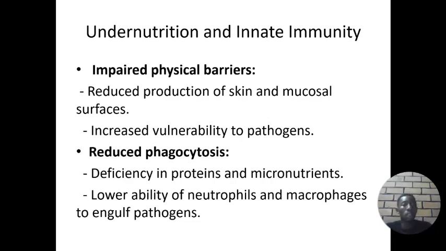As you know, these cells are made of proteins, and undernutrition can cause deficiency in protein and macronutrients. Another is the lower ability of neutrophils and macrophages to engulf. These are used in phagocytosis. When the ability is lowered, it can cause problems or vulnerability to pathogens.